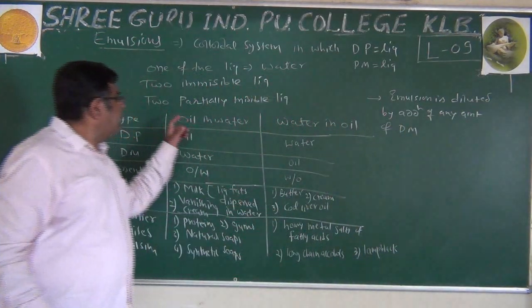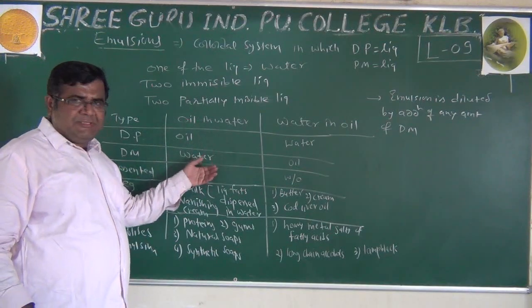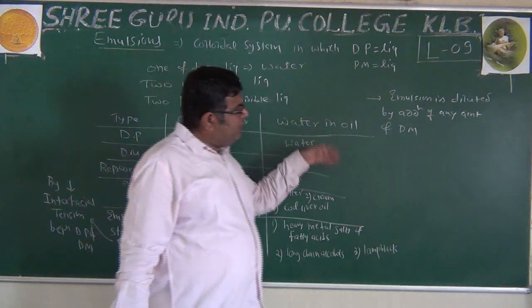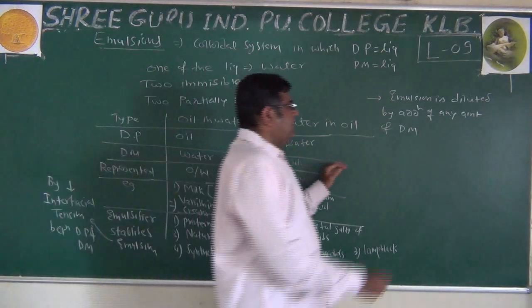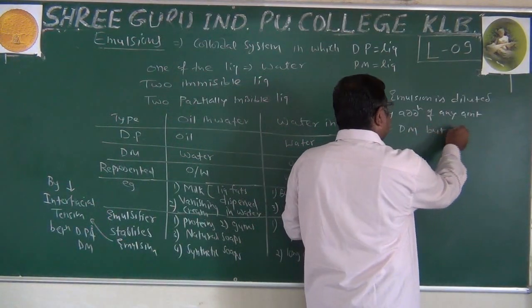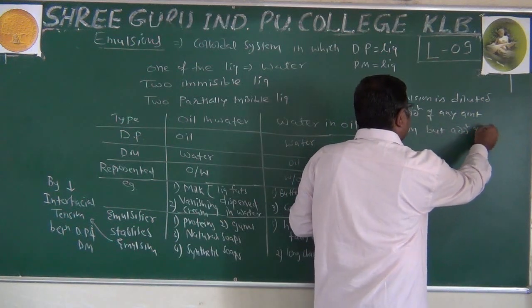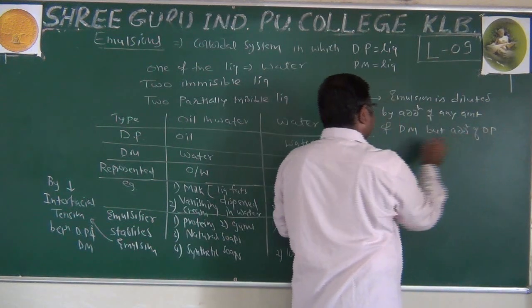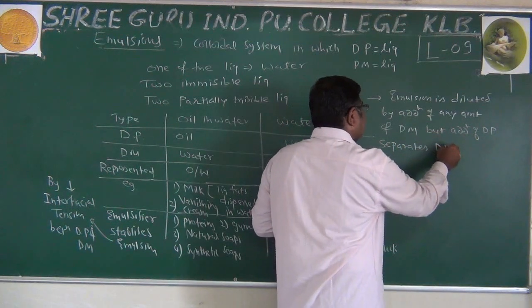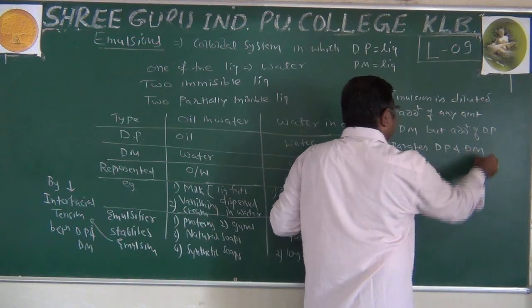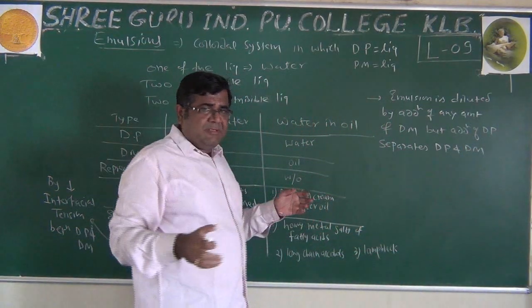It means in oil in water you can go on adding water. In water in oil you can go on adding oil. It will not destabilize. But addition of dispersed phase separates the dispersed phase and dispersion medium, meaning it becomes unstable.